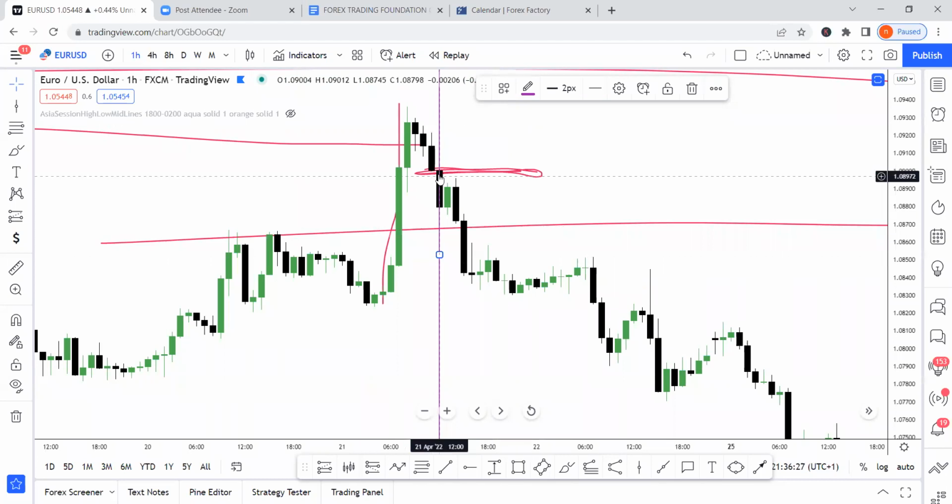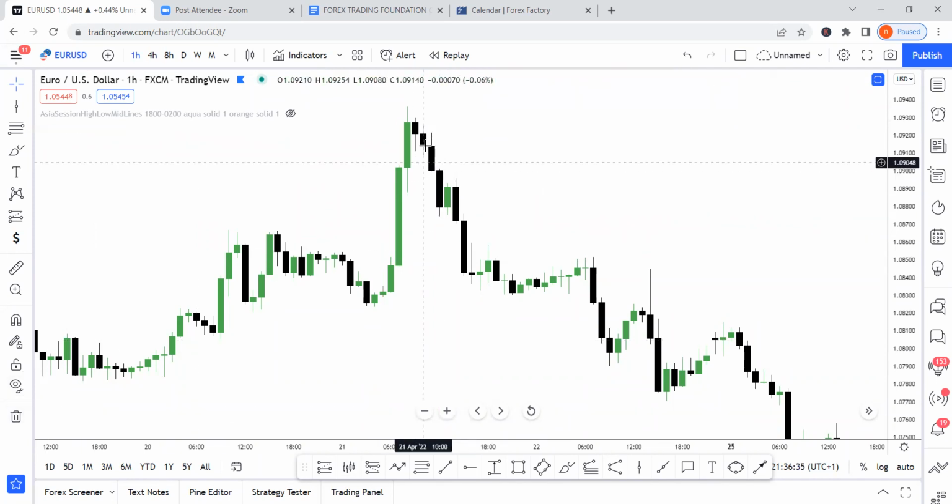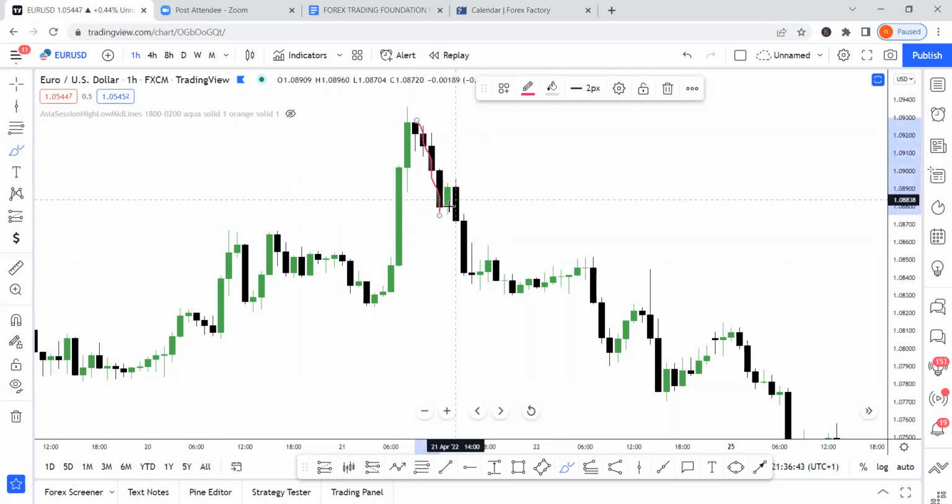Can you see this candle here? I'll show you something now. I don't know if I've shown you before. Do you see that from here? Actually, the move has started here. But at the beginning of New York, what do you see? The market moves up. After that, what do you see here? Move down, continuation.